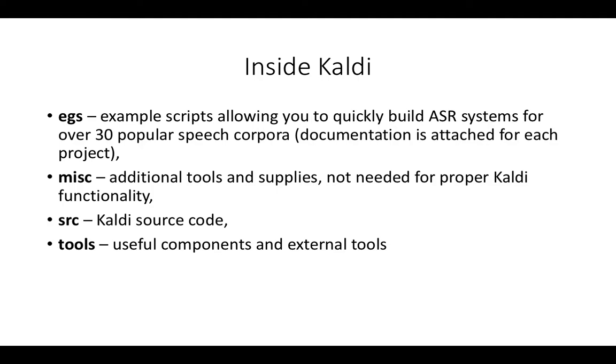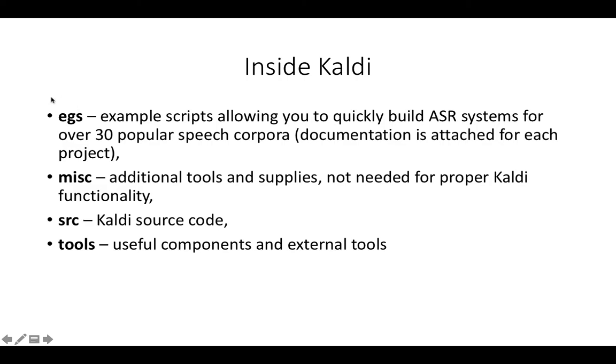As I said, Kaldi has some directories. The src directory is where the Kaldi source code is available, and the tools directory contains some components and external libraries for running Kaldi successfully. There is also one directory, misc, which contains different kinds of additional and supporting tools for running Kaldi successfully.